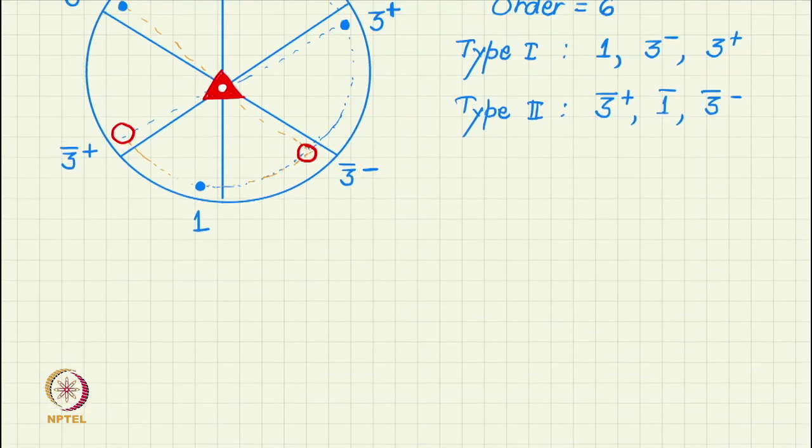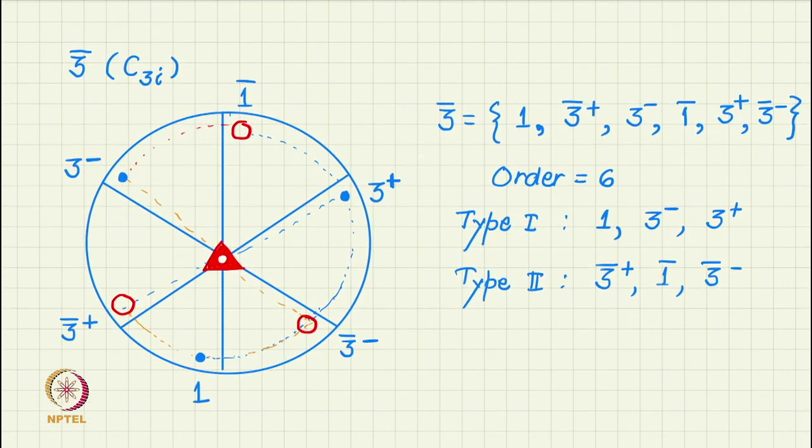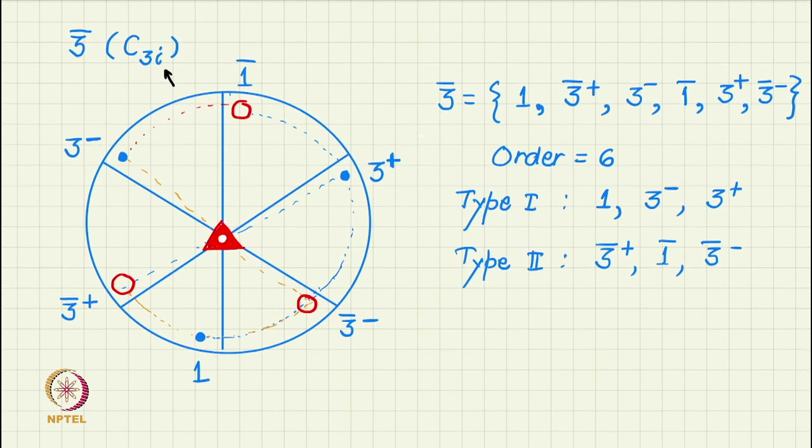I forgot to mention here, I said that we will talk about this I. So, you can see that each point here is also related to another point by inversion center. So 3 bar automatically has threefold as well as the inversion center. You can see from the listing of the operations also that 1 bar is part of the group.